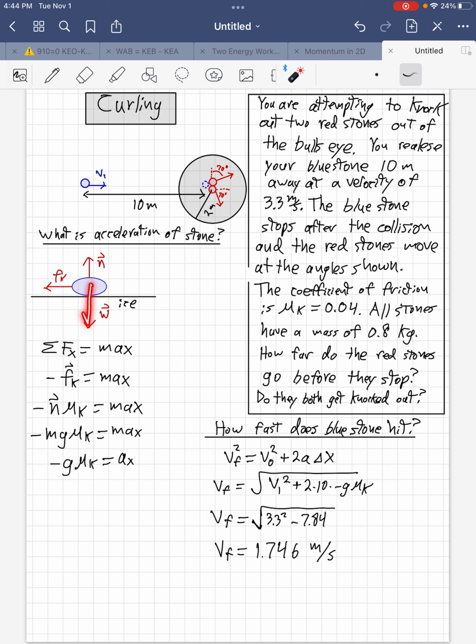The acceleration in and out of the ice is 0, so the normal force is equal to the weight, mg. So negative mg times the coefficient of friction is equal to the mass times the acceleration in the x direction. Mass cancels out. So the acceleration in the x direction is equal to negative g times the coefficient of friction.